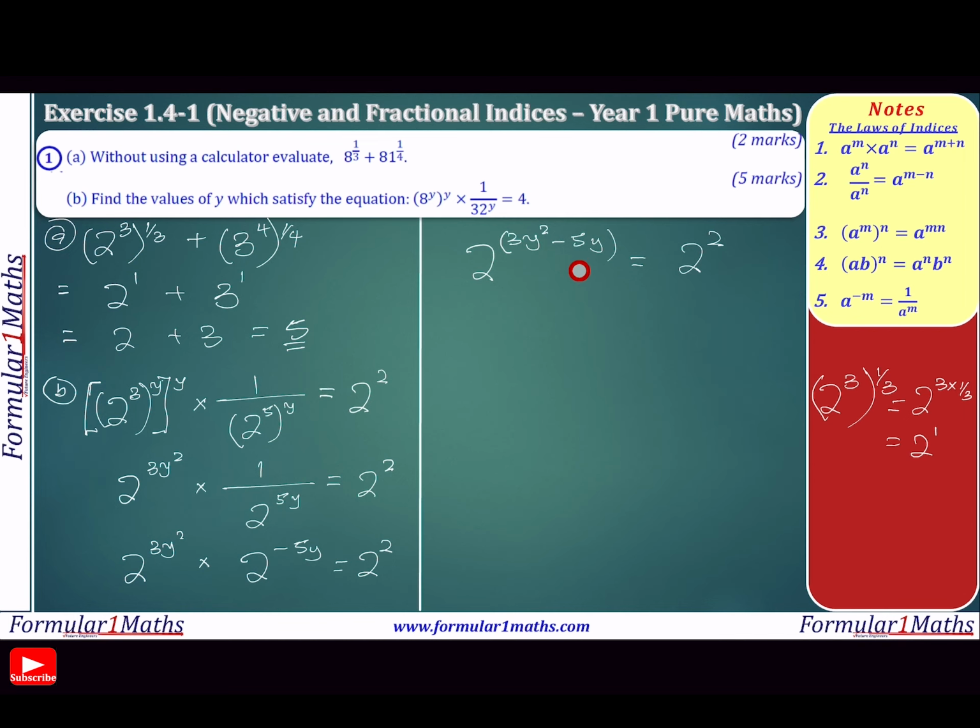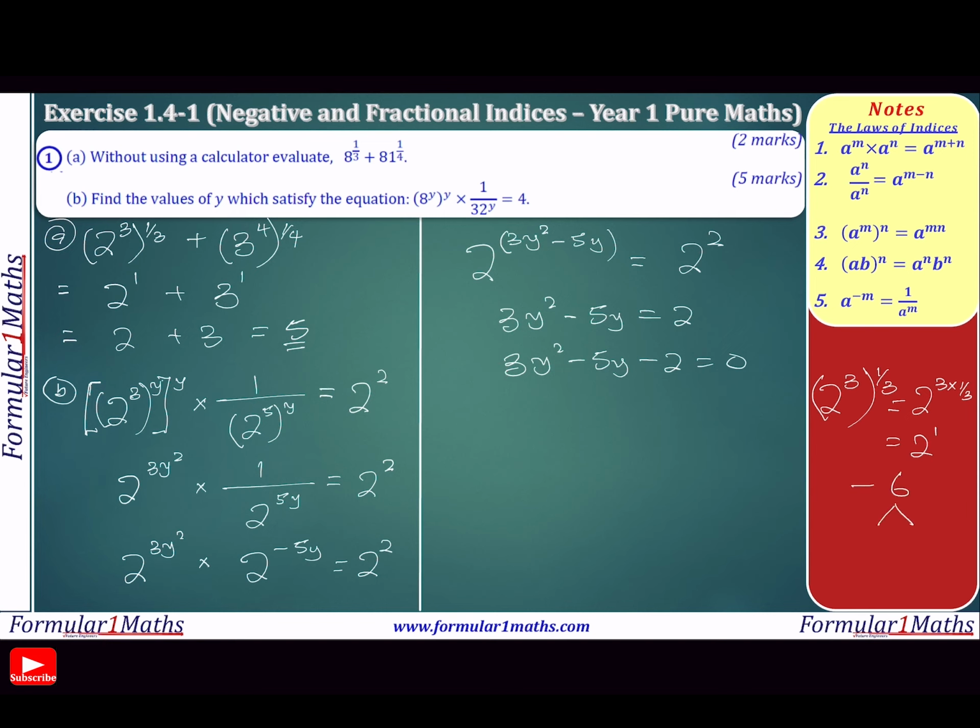So that means 3y squared minus 5y is equal to 2. Rearranging, we get 3y squared minus 5y minus 2 is equal to 0. Now if I multiply 3 by minus 2, I get minus 6.